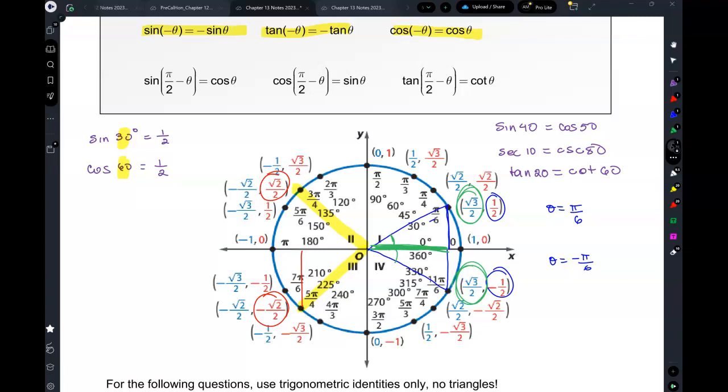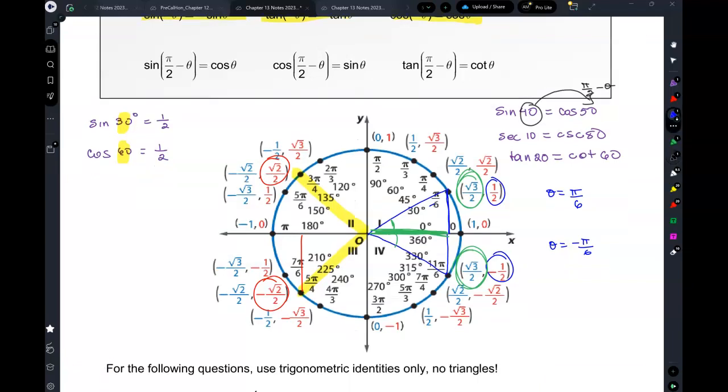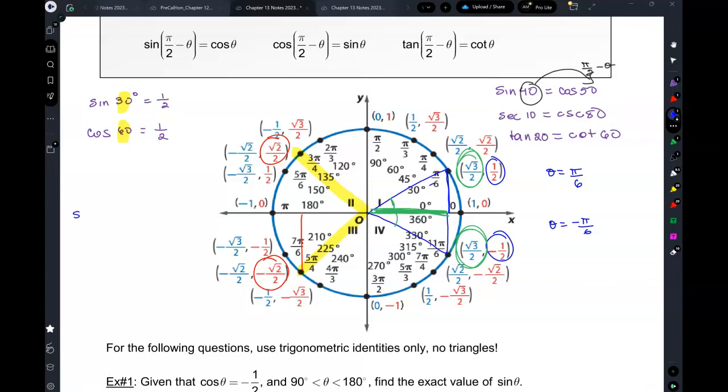In radians, what would that be? Pi over 2 minus the angle, correct? So suppose I have like sine of, I don't know, pi over 9. Who knows what that is? I don't know what that is. What will that be the same as? It'll be the same as cosine of the complementary angle.